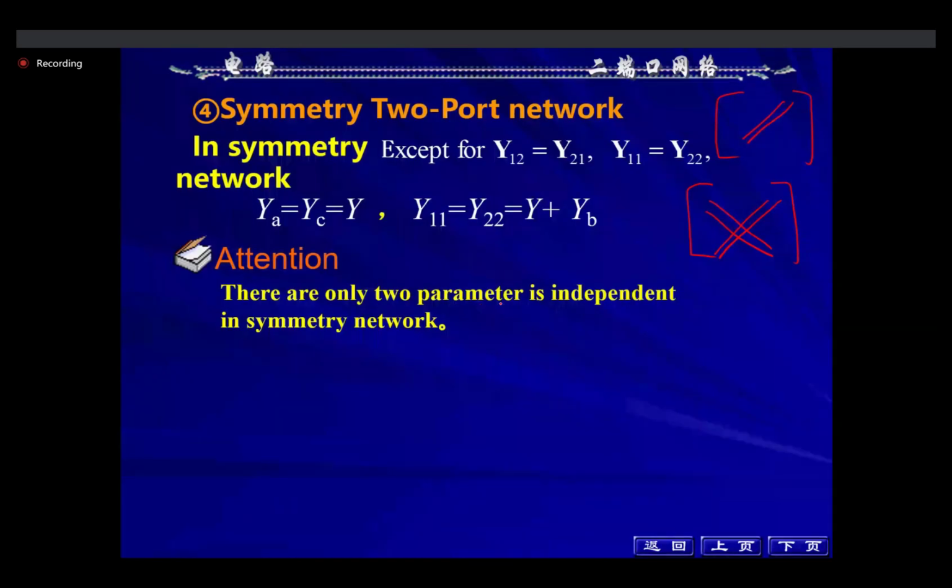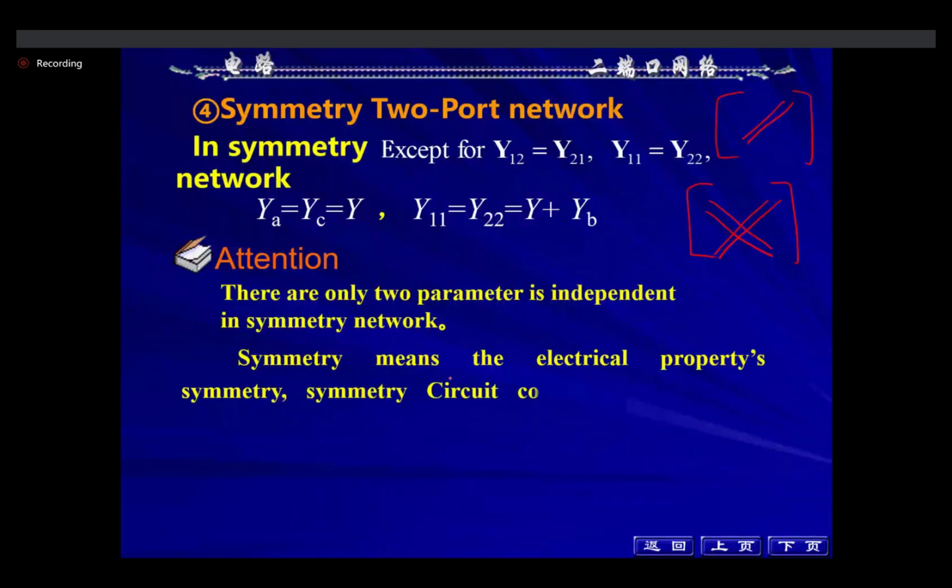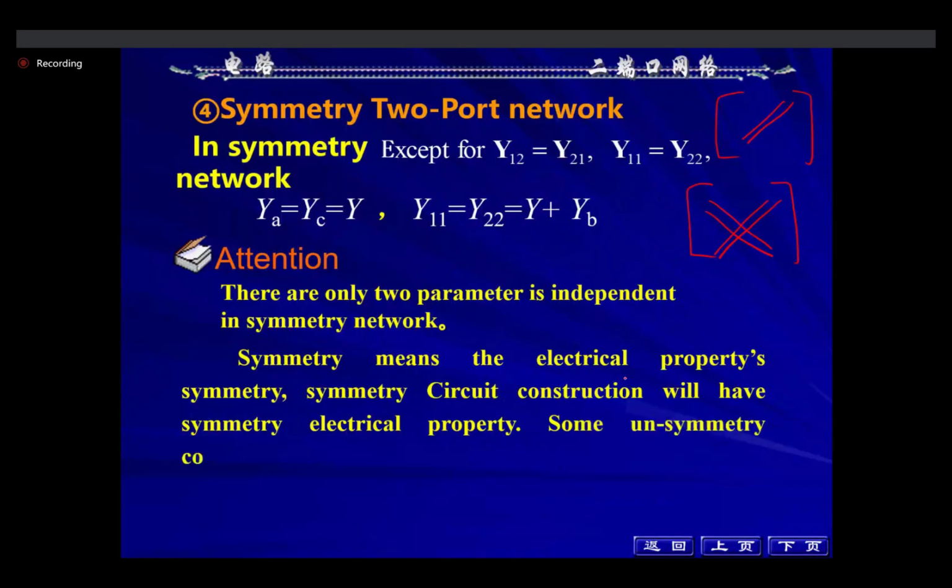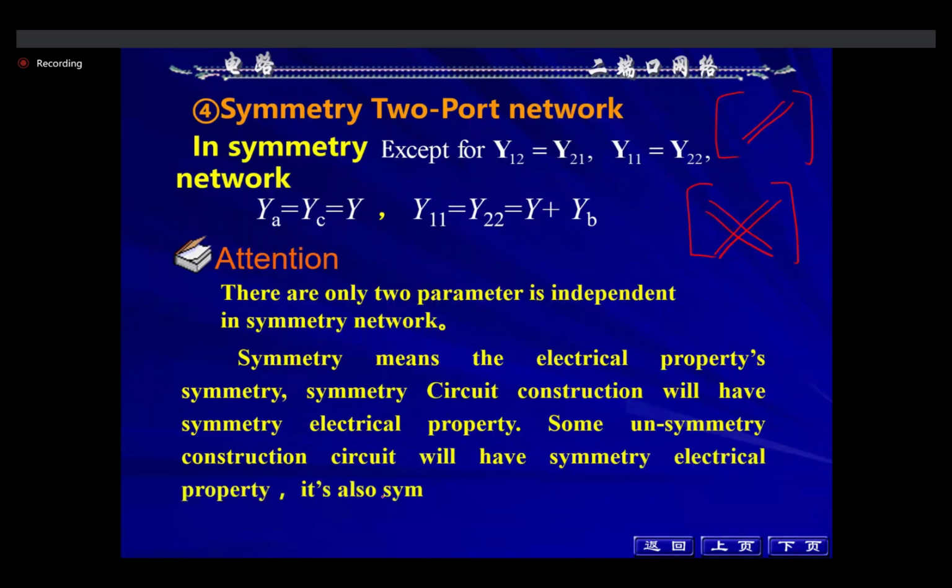There are only 2 independent parameters in the symmetry network. The symmetry means the electrical properties are symmetry. A symmetry circuit construction will have symmetry electrical property. Some unsymmetry construction circuits also have symmetry electrical property, and are also symmetry two-port networks.